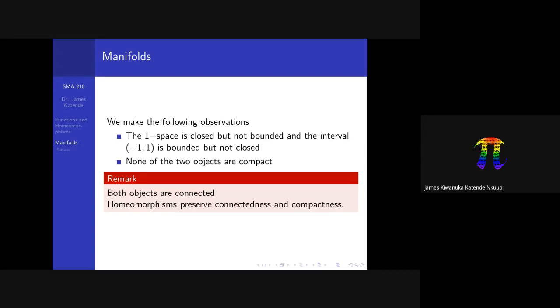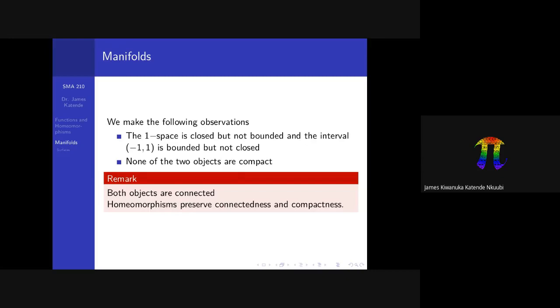So that confirms that it is bounded, but it is not closed because it's possible to find a sequence of points in this interval that converges to 1, yet 1 itself is not part of that interval. You can find a sequence of points inside the set which converges to 1.